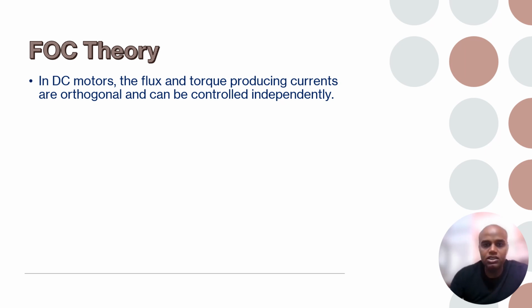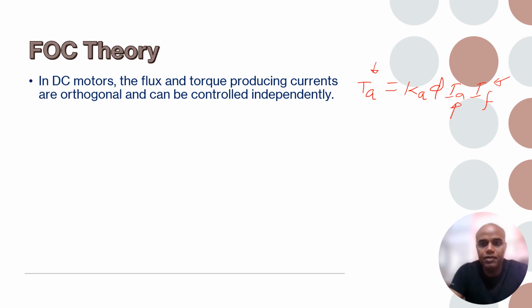The torque produced by a separately excited DC motor is given by this expression, where K is the constant, and the torque is K times phi times Ia times If. So if we keep the flux, or let's say the field current, constant, then just by controlling the armature current, I can control the torque. Similarly, I can also control the torque through my field flux.